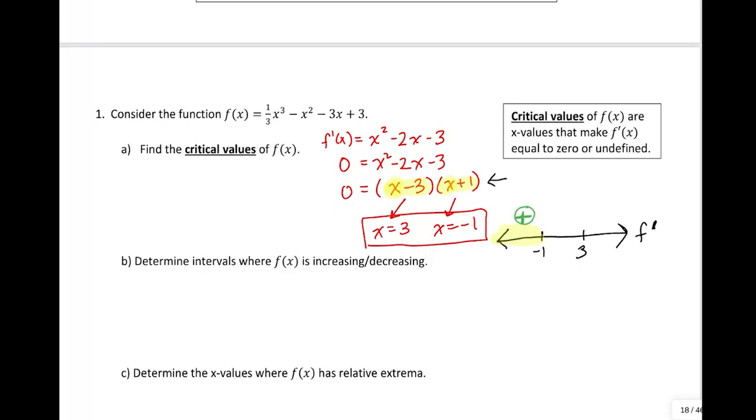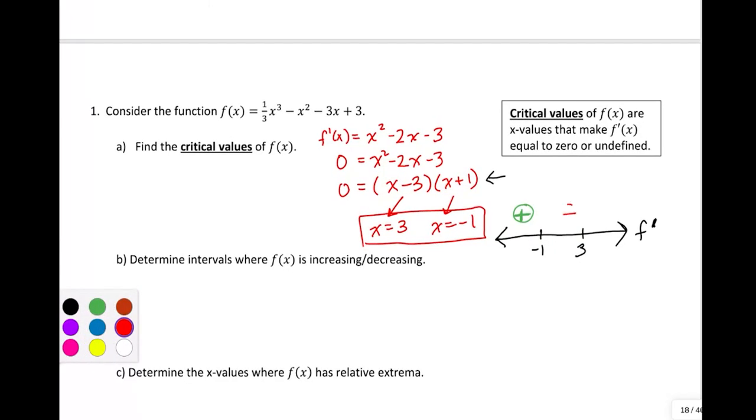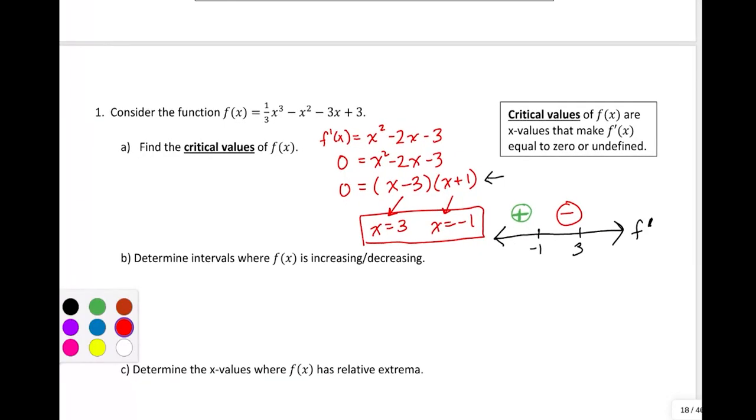So now let's pick a number in between negative 1 and 3. A number like 0 is probably the way to go there. I always like using 0 because that's easy to compute. And so if I plug in 0 into these two binomials here, I'm going to get a negative times a positive, which would be negative. So between negative 1 and 3, f prime is negative, meaning it's below the x-axis, but f, we don't know where it is exactly, but we know it has a negative slope.